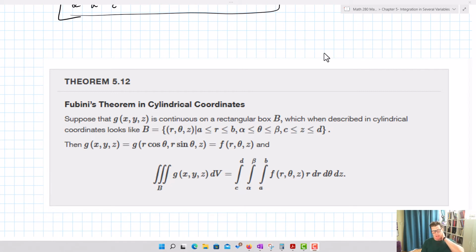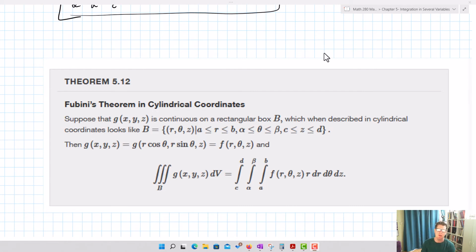Then we can rewrite g of x, y, z to equal g of r cosine theta, r sine theta, z, and that will equal f of r, theta, z. So that's our changeover for our function from rectangular into cylindrical.